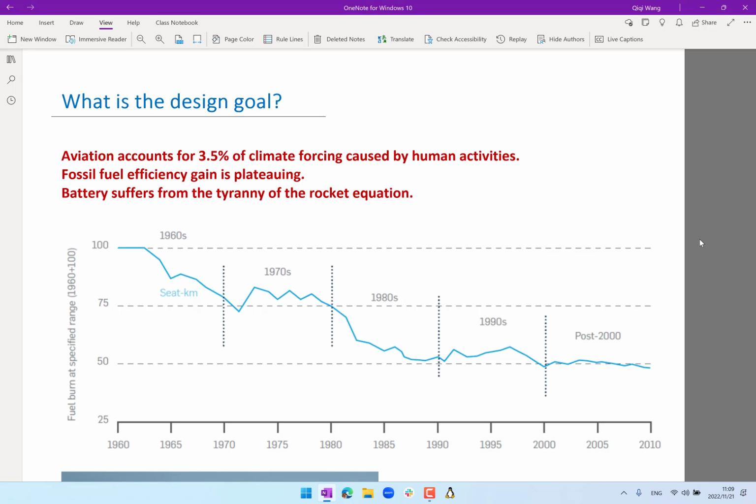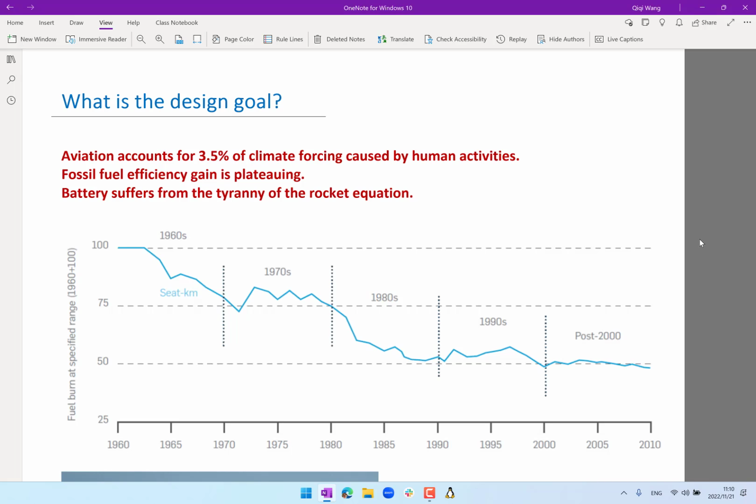So one of the reasons is because a tremendous effort has already been put into aviation, maybe not directly to reduce the climate forcing, but to reduce the fuel cost, right? So essentially, if you look at the 1960s all the way to now, the amount of fuel burn per passenger per mile has been reducing pretty steadily, at least in the beginning.